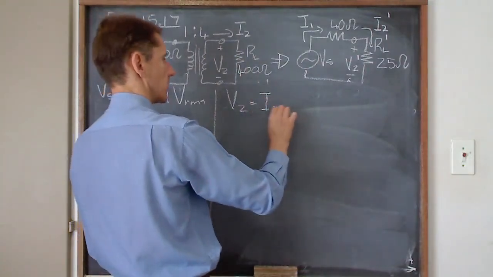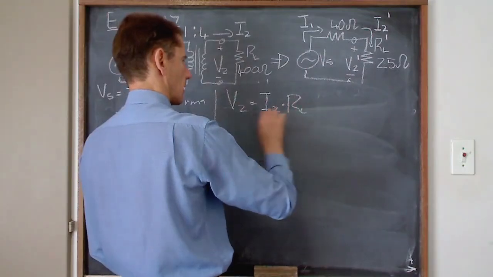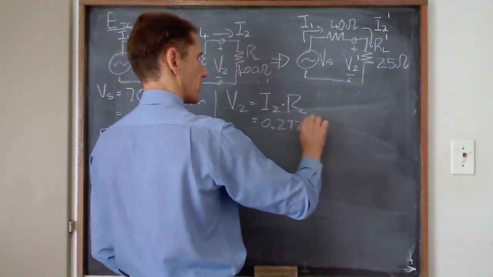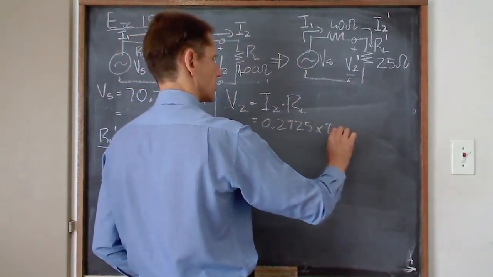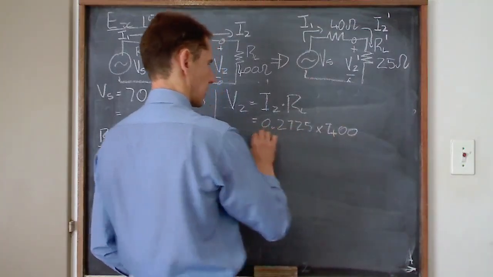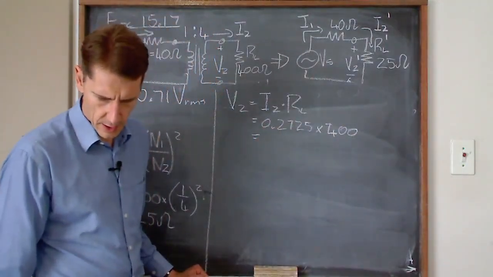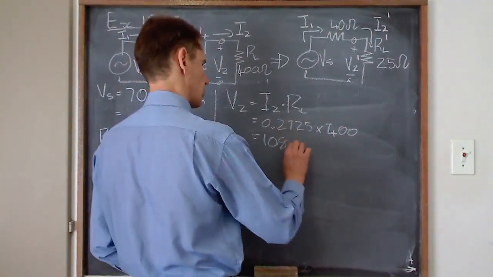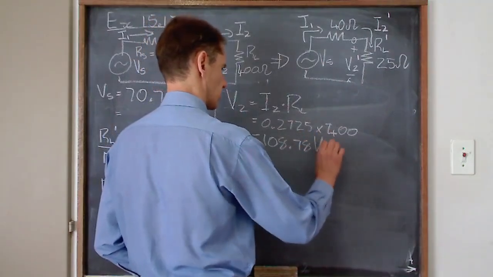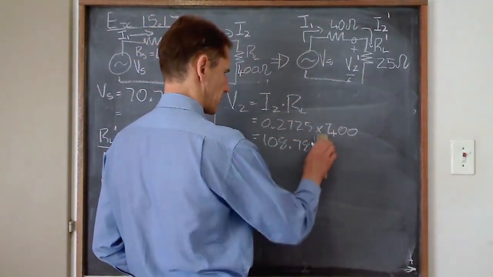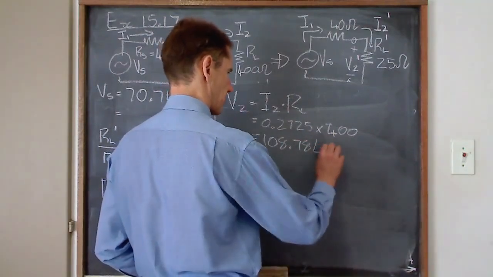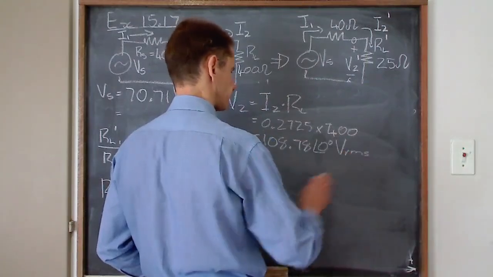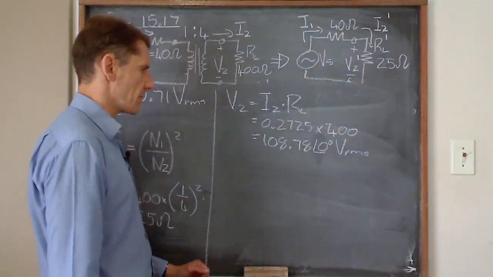V2 equals I2 times RL, so 0.2725 times the original 400, and we get 108.78 volts angle 0 degrees, everything in RMS.